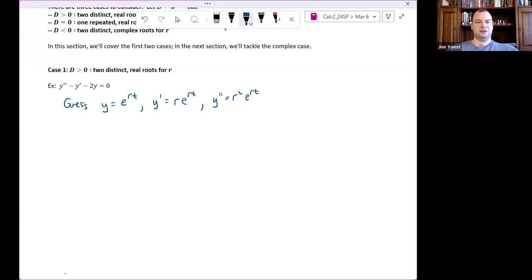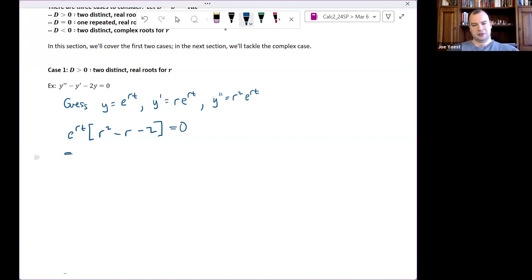If I plug this into my differential equation, I know an e to the RT is going to factor out. I have a 1 R squared minus 1 R minus 2. Remember, Y is just e to the RT, so this last term here doesn't get any R's in it. And that's equal to 0.